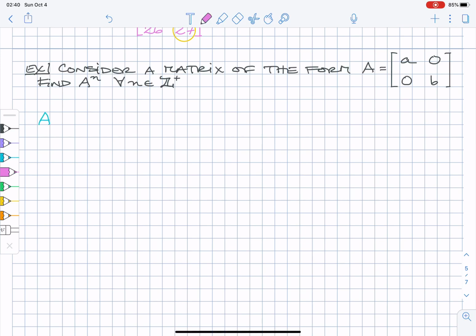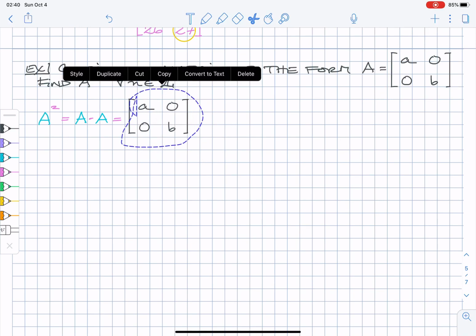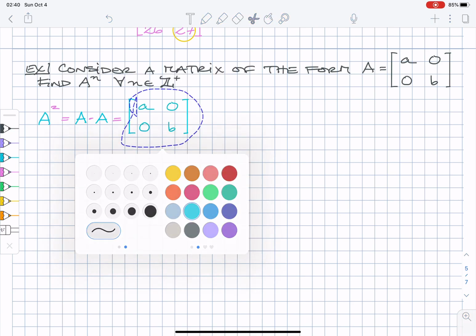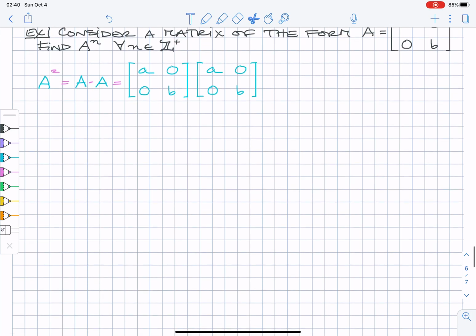Let's do a couple. So A squared is going to be A times A, which is going to be, let's copy and paste, A times A. So that's going to be, okay, let's see if we can forego doing the intermediate steps now.